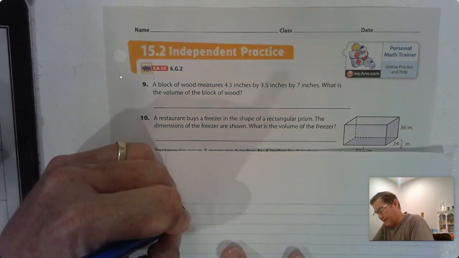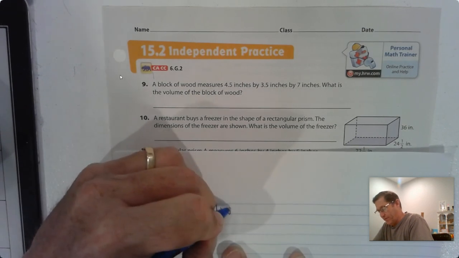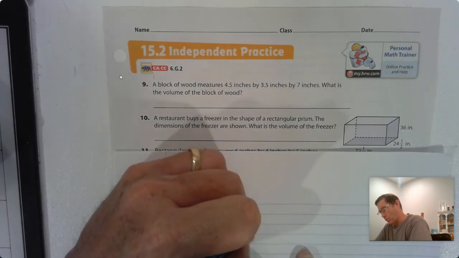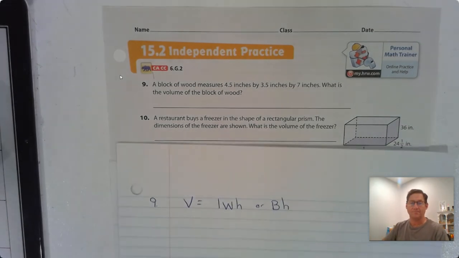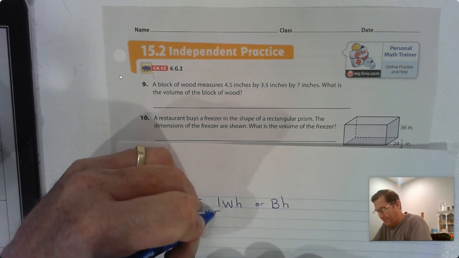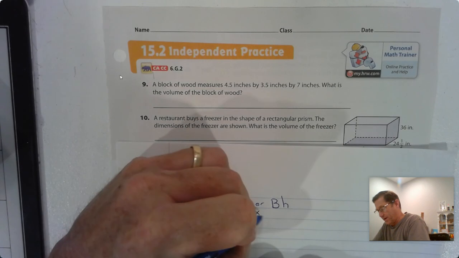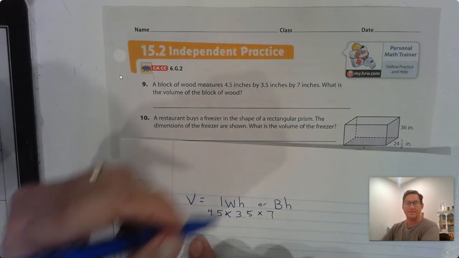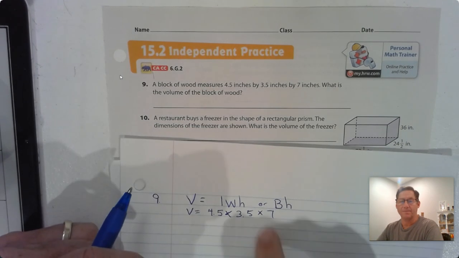All right, so we know again the formula for volume is length times width times height, or the base times the height. Okay, so they tell us it's 4.5 by 3.5 by 7. So basically 4.5 times 3.5 times 7.